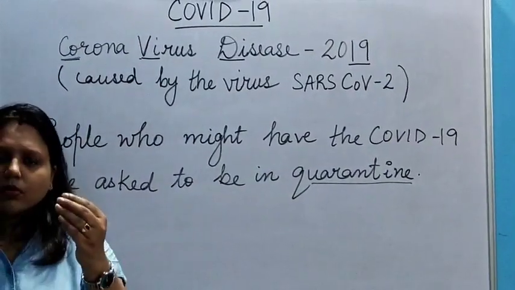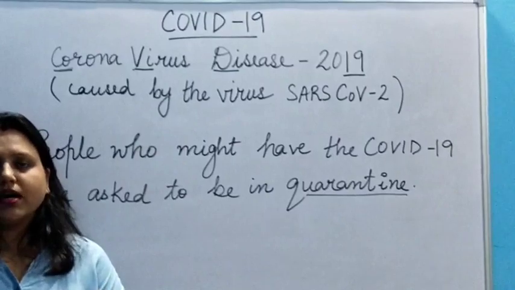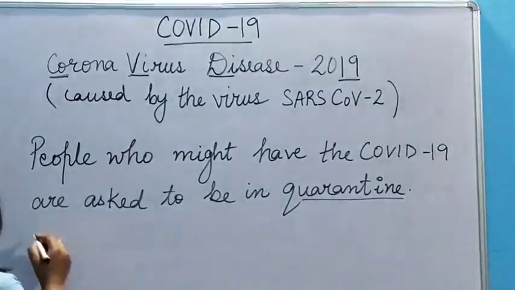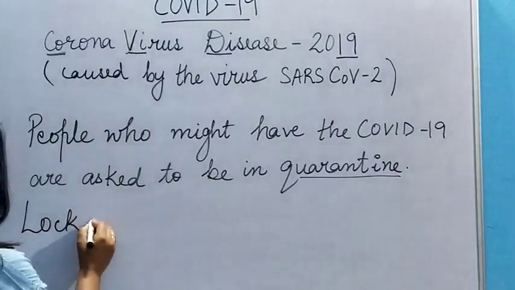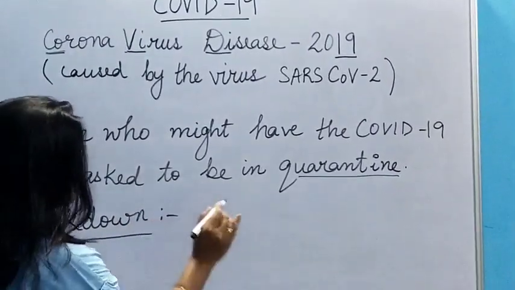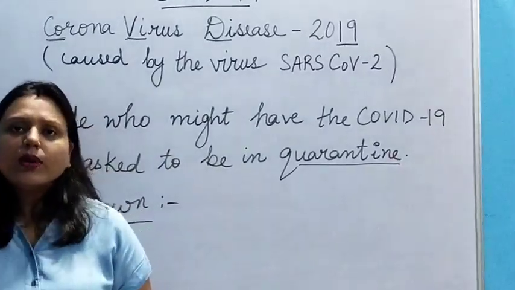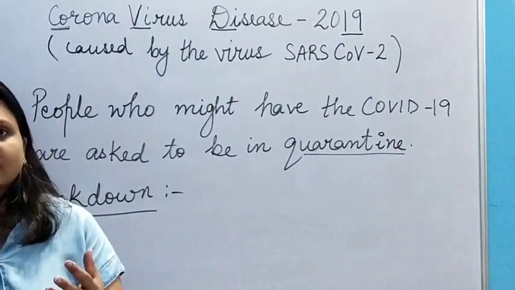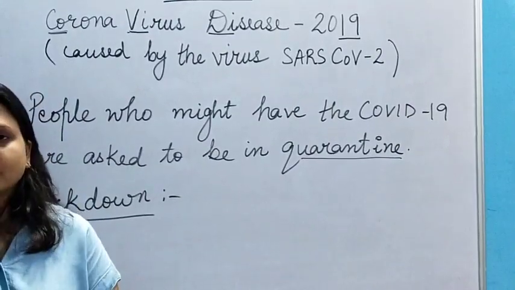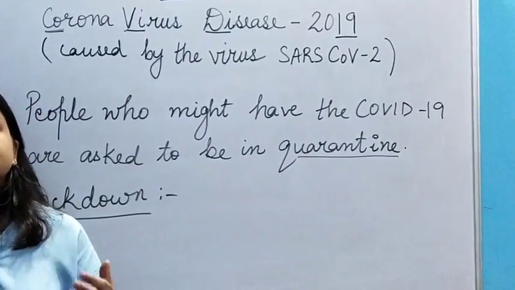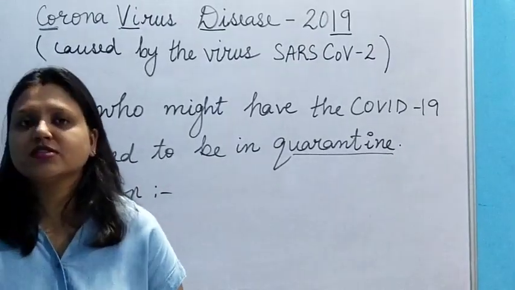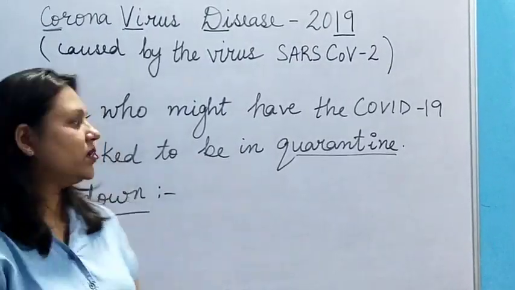Now there's another important word which we are hearing nowadays, that is lockdown. How can we use this word lockdown in a sentence? We can say the city is in lockdown, the city is on lockdown, and we can also say the city is under lockdown. All these three prepositions can be used with this word lockdown.